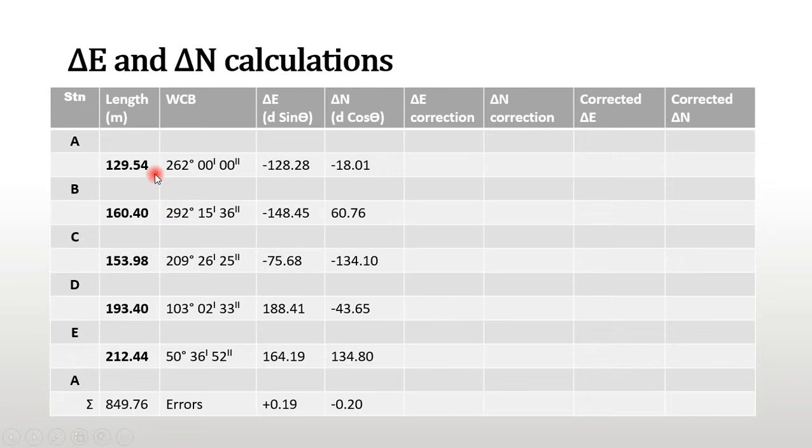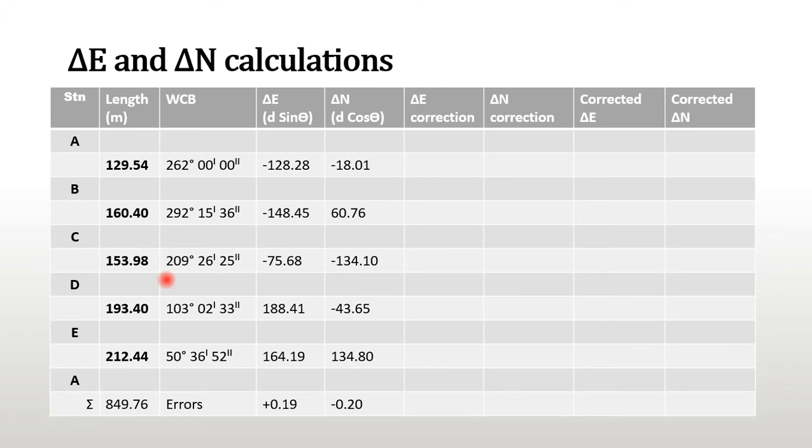So since we need this in our next assignment, we need to correct the change in eastings and change in northings, and come up with the corrected change in eastings and change in northings. Thereafter the coordinates.